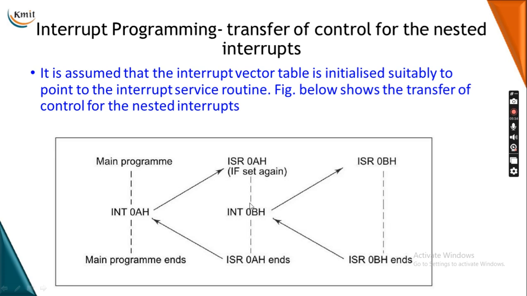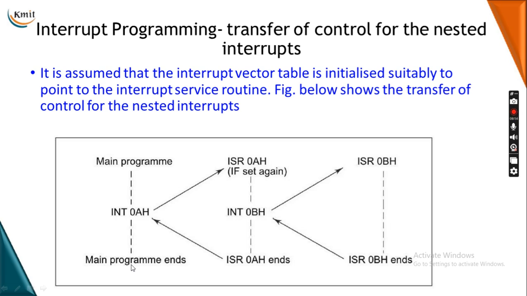And while executing the ISR of 0AH, if INT 0BH comes into existence, then it stops execution and goes to ISR 0BH. After finishing this, it returns to ISR 0AH, completes it, ends that ISR, and then goes to the main program. In this way, the interrupts will be handled in a nested fashion, priority wise.